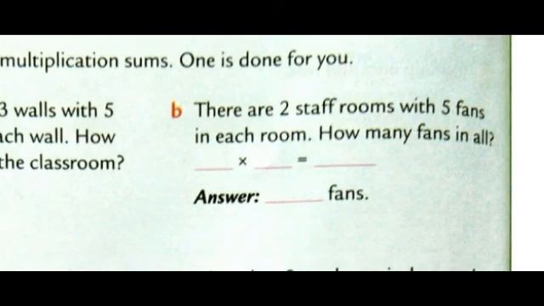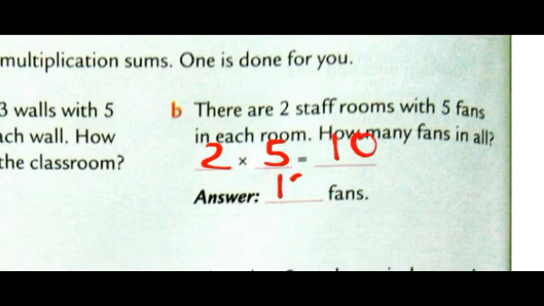How many fans in all? So first, how many staff rooms are there? 2. So let's write 2. And then in each room, how many fans are there? 5. So now we have made the multiplication fact. Now we have to simply multiply. 2 5s are 10. That means total 10 fans were there in all.